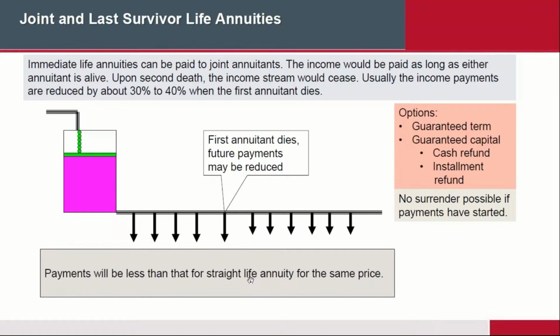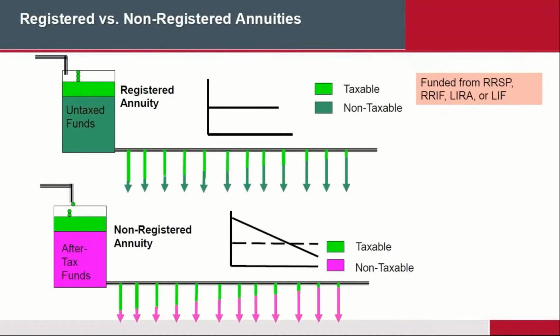And so for the same $500,000 deposit, you're going to get a lot more money. But if we have the same price, $500,000 deposit, but now we've got two lives, my wife and myself, let's say, when one dies, the other one will continue on getting an income. So obviously the amount of money that we're going to get will be less than we would get on a straight life annuity because it's more expensive, obviously. So that makes sense.